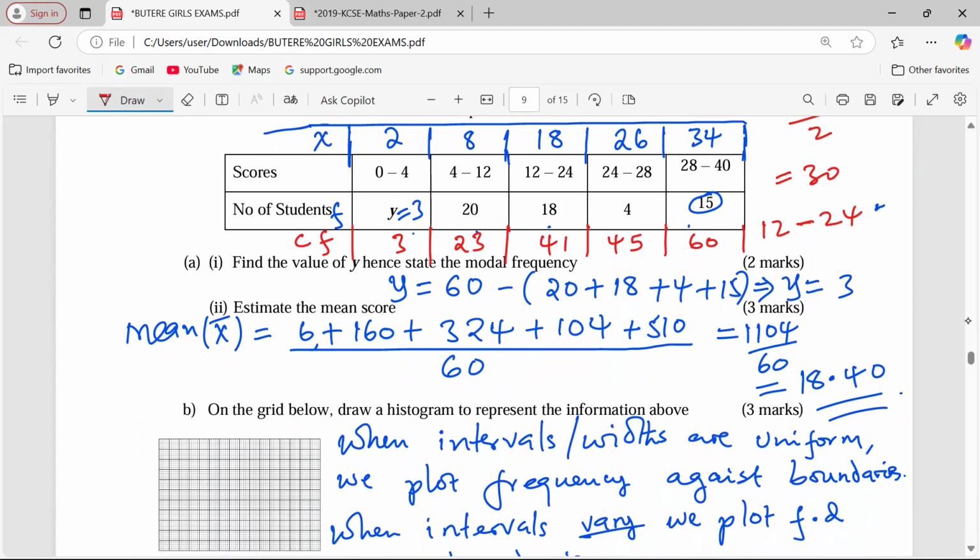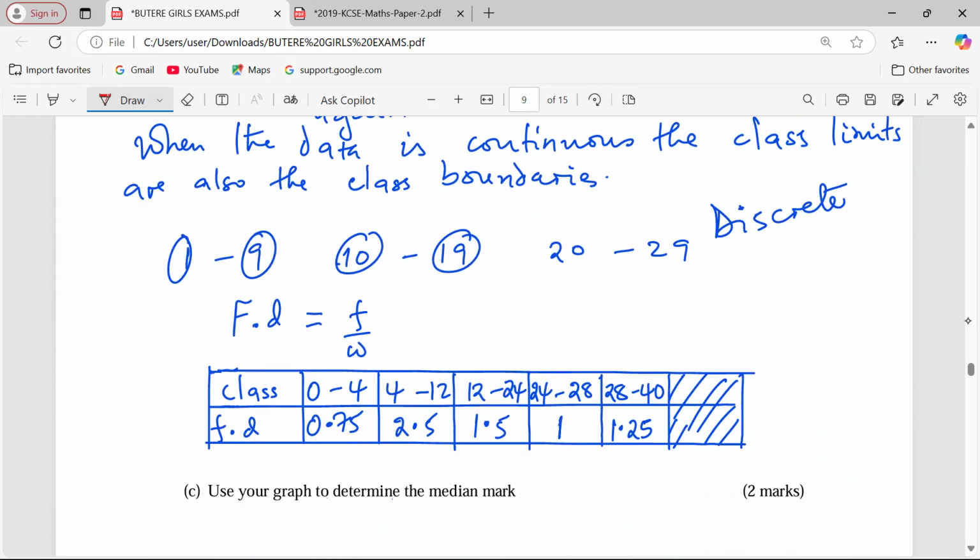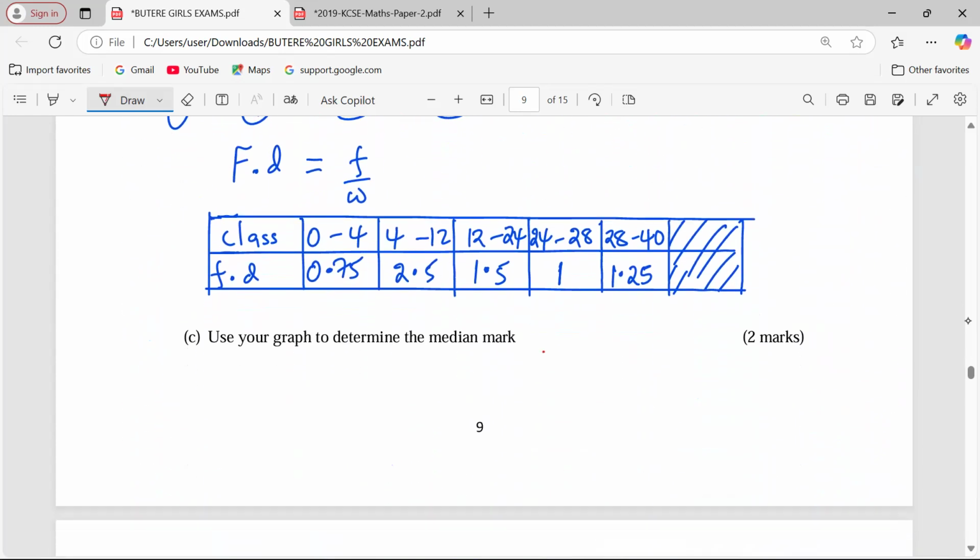We have known the median class, 12 to 24. The median value lies there.